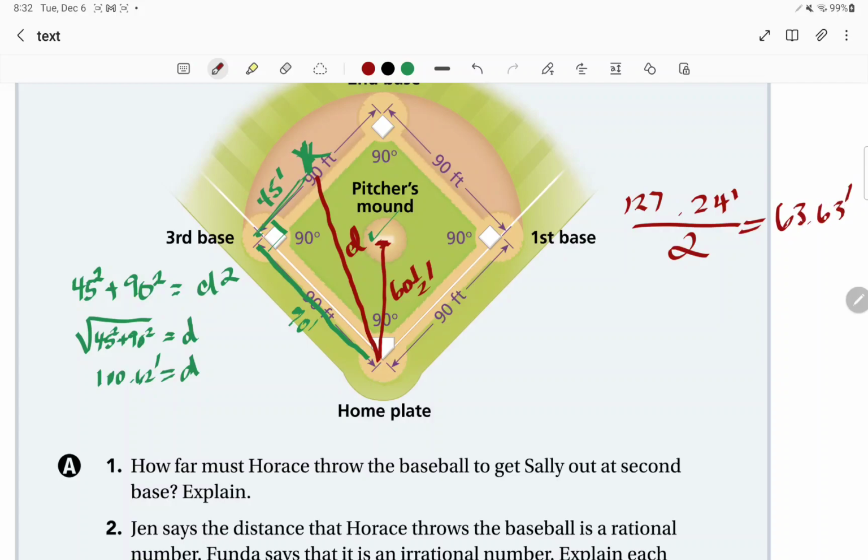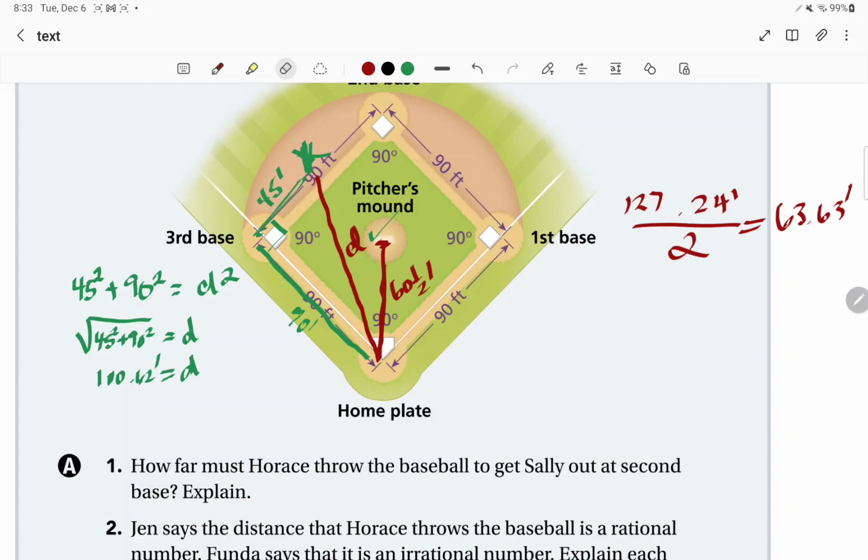Okay, so if the pitcher's mound was halfway, it would be at 63.63 feet, but it's not. So it's just before halfway. So this distance here is actually shorter than this distance here. Okay, so now what we're going to do is find the distances from the pitcher's mound to first and third base, and then to second base.